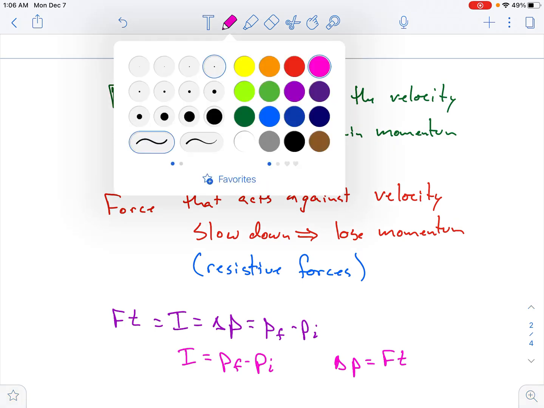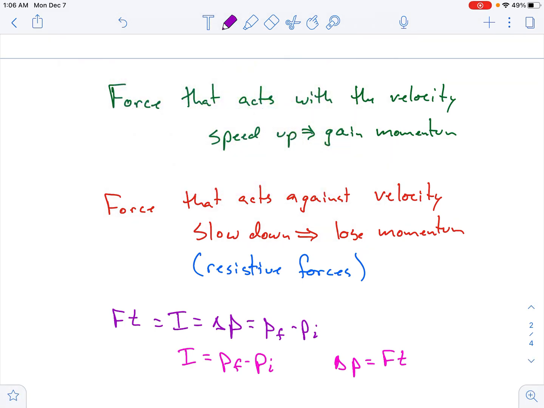We can add to this. What's PF and PI? That's just what? MVF minus MVI, which is also equal to M times VF minus VI.